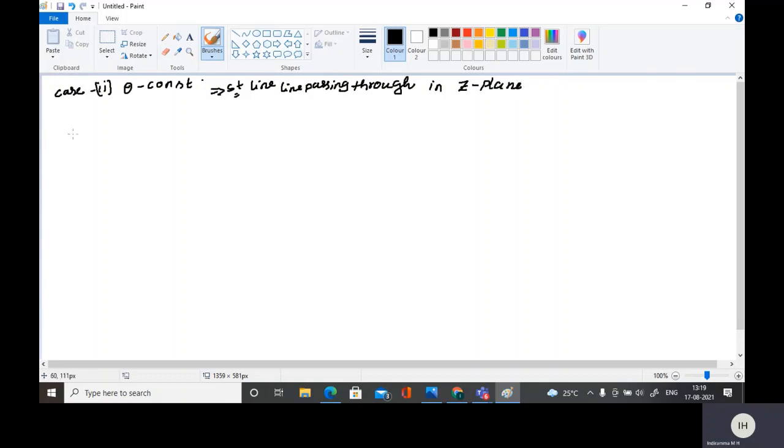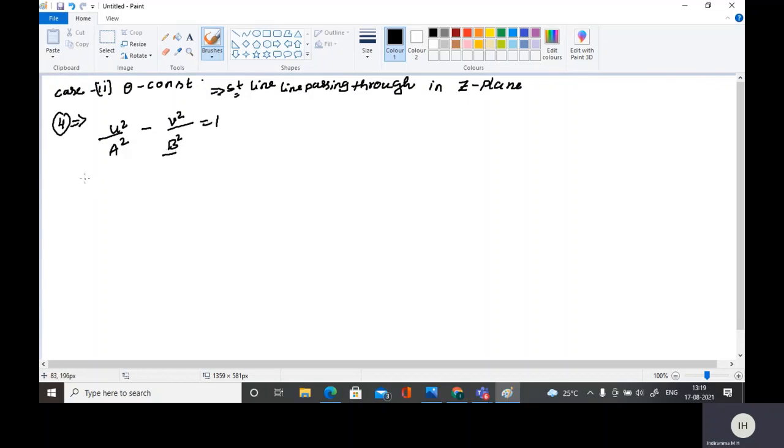Now I am going to find the image of this straight line in the w plane. For that, which equation should we consider, equation 3 or equation 4? Equation 4. So equation 4 becomes u square by 2 cos theta whole square, and since theta is constant, 2 cos theta is constant, I will take it as capital A, minus v square by b square, where b is 2 sin theta, also constant, equal to 1.